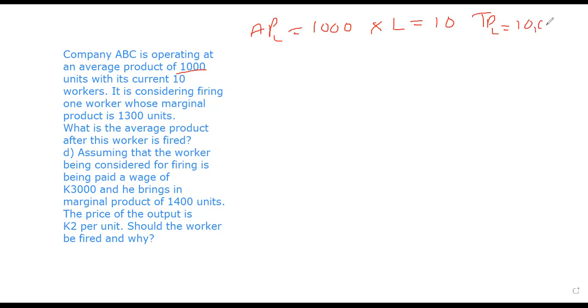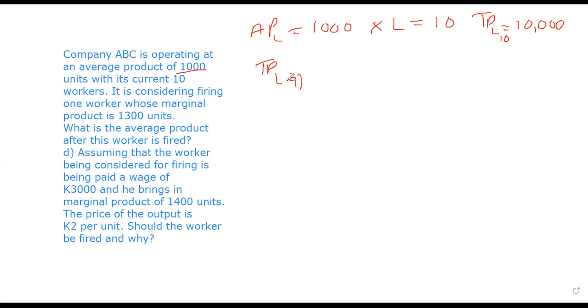What else are we told? We're told that it's considering firing one worker whose marginal product is 1,300. So when we fire one, how many laborers would we have? 9.